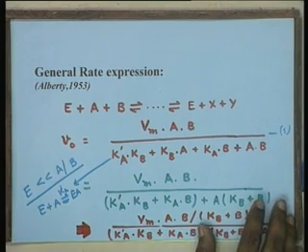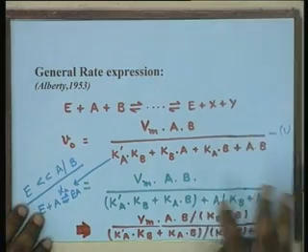if you take this expression first in general, you will notice that this can also be considered almost like, as we mentioned earlier while looking at the validity of Michaelis-Menten kinetics for bisubstrate reactions, that if we put one of the substrate concentrations in excess, the expression can represent the bisubstrate reaction kinetically with respect to the other substrate.